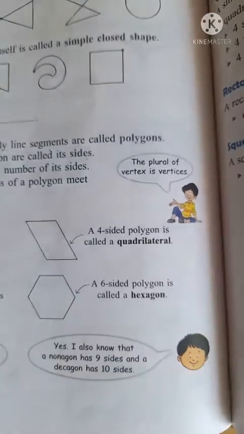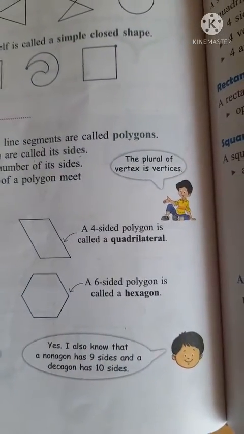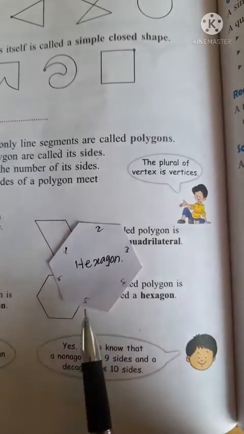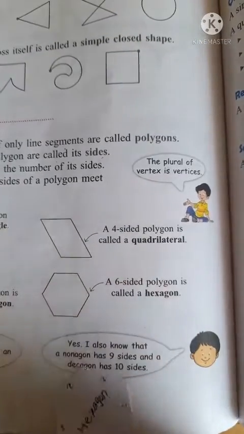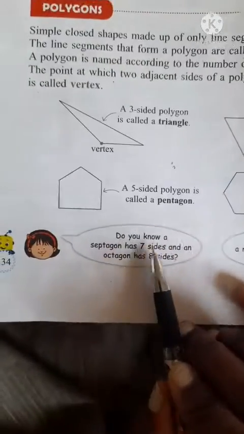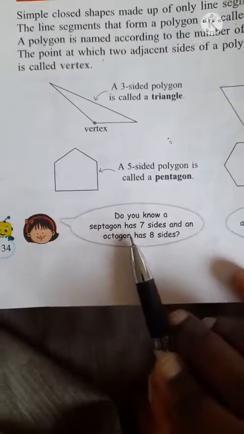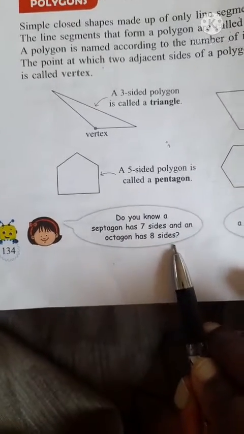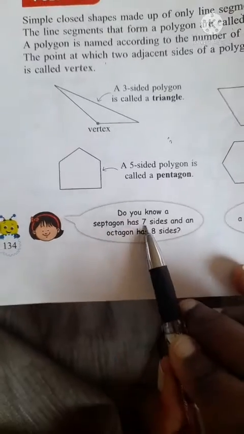Next, a hexagon is a six-sided polygon. Do you know a septagon has 7 sides and an octagon has 8 sides? Septa means 7, octa means 8.